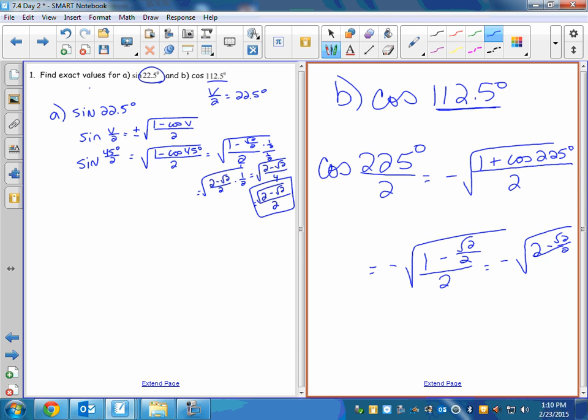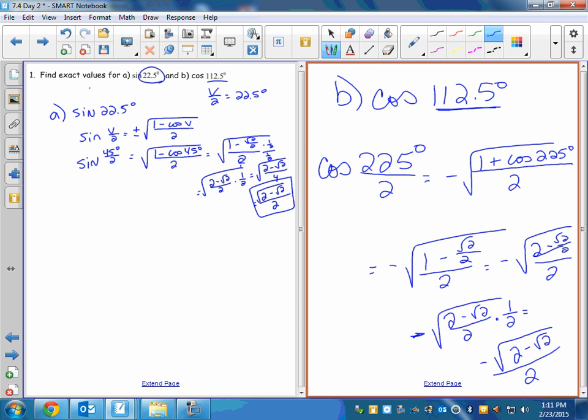Wait, that should be all over 2. Or that would be 2 minus square root of 2 all over 2 times 1 over 2. So that would be square root of 2 minus root 2 all over 2 outside the root.